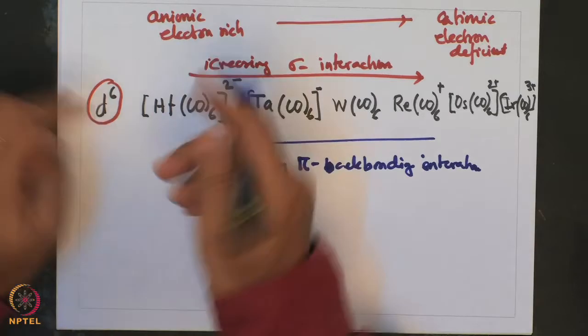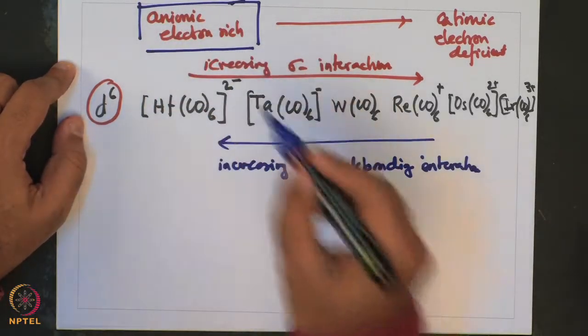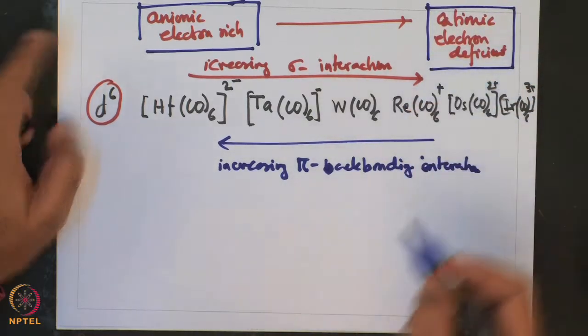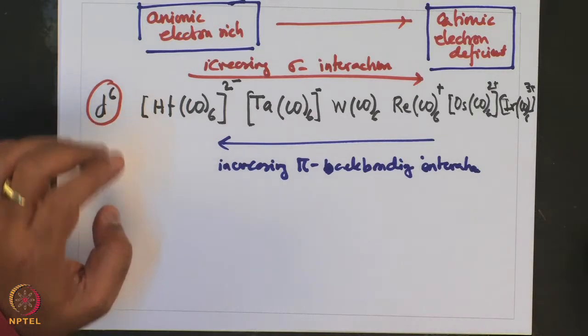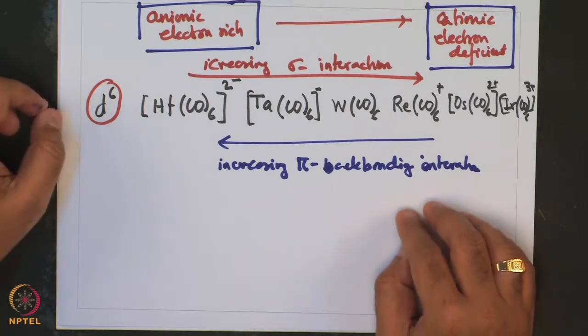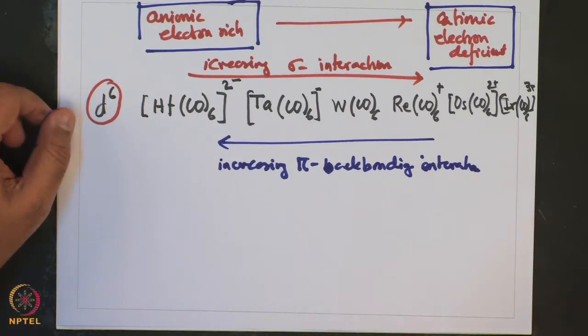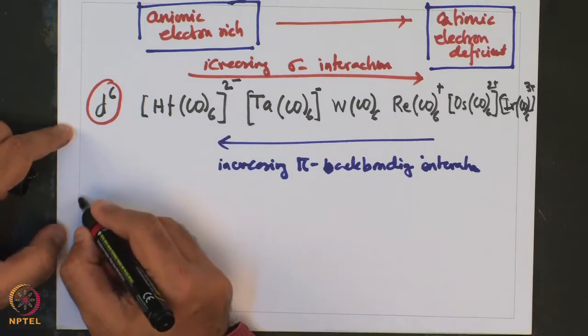So, on the left hand side, we have anionic electron rich complexes, and on the right hand side we have cationic electron deficient complexes which will not undergo pi back donation. For the ones which do not undergo pi back donation, the nu CO stretching frequency will be the highest, and that is exactly what we see.